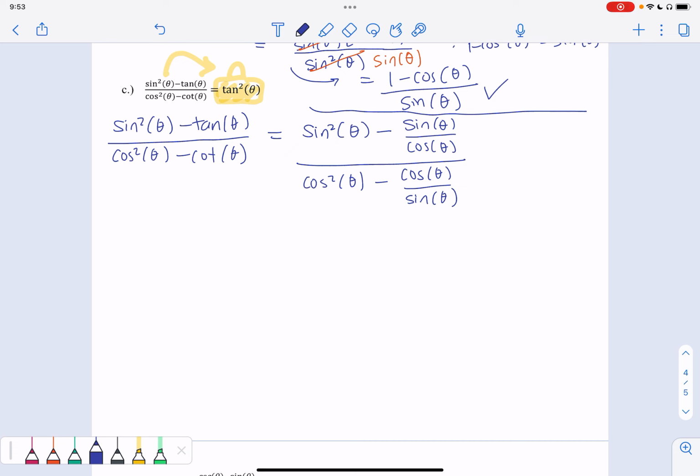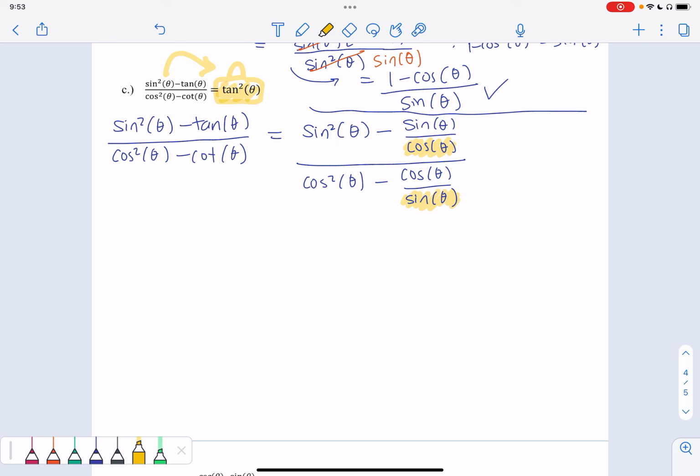Okay, so what could possibly help us here? Well, I have this fraction within a fraction, and I want to focus on its denominators. I have two of those, right? I have sine theta over cosine theta in the numerator and cosine theta over sine theta in the denominator. So when I have that, I want to get rid of those.